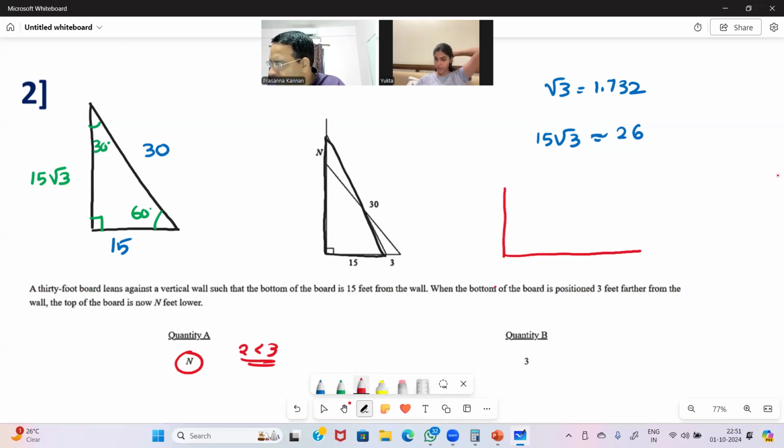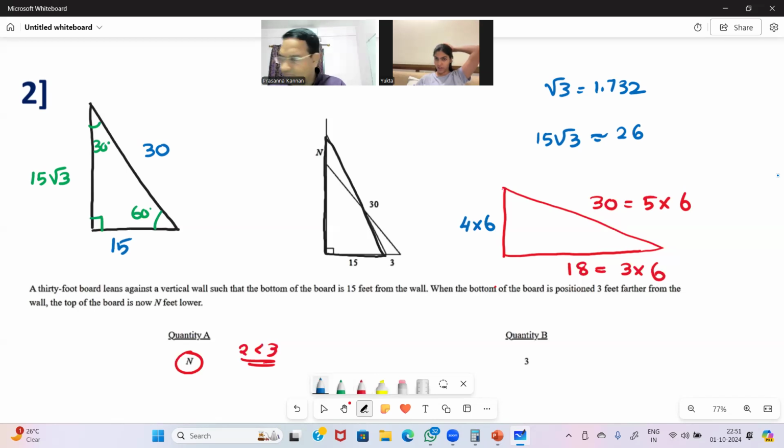because the other triangle was like this, this will be 18, correct? And this will still be 30. And you know that this is like 3 into 6 and this is 5 into 6, so this has to be 4 into 6, because you know that it's 3, 4, 5.